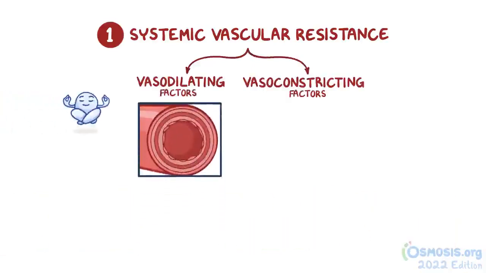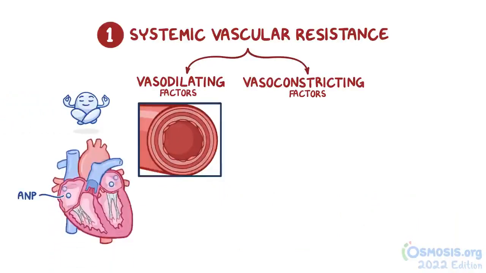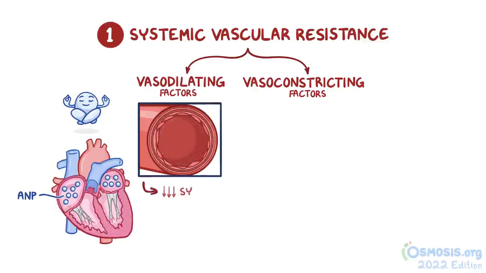Vasodilating factors such as atrial natriuretic peptide, or ANP, which is secreted by cardiac muscle cells in the walls of the atria in response to an increased blood volume, relax smooth muscle cells within the vessel walls, thereby widening the vessel lumen. This results in decreased systemic vascular resistance and therefore decreased afterload.